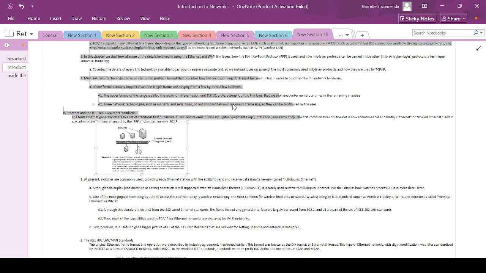Covering the details of every link technology available today would require a separate text, so instead we focus on some of the most commonly used link layer protocols and how they are used by TCP/IP.